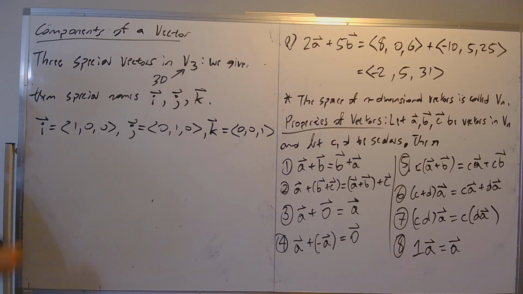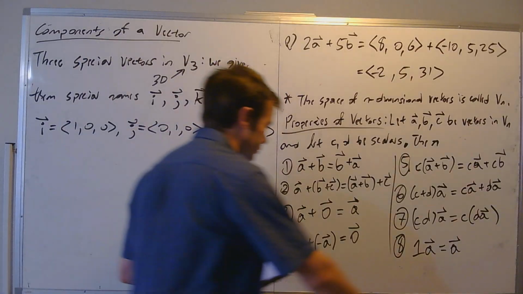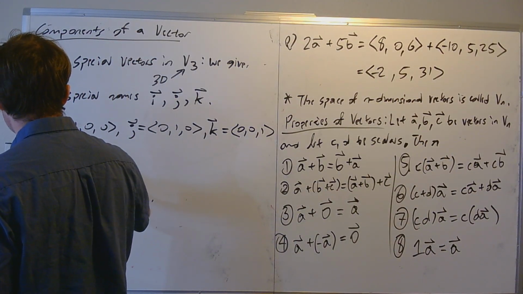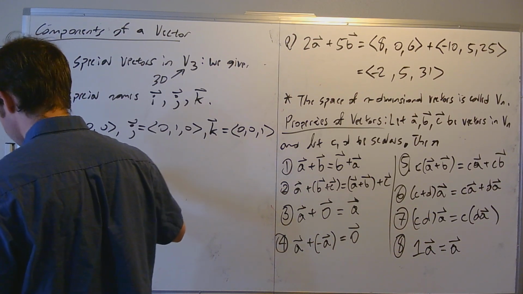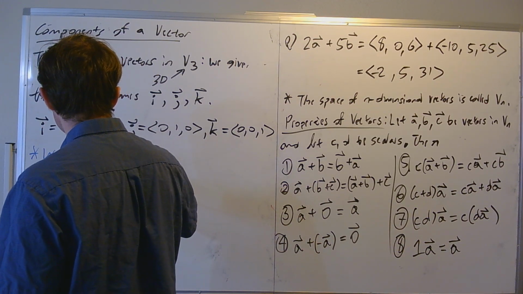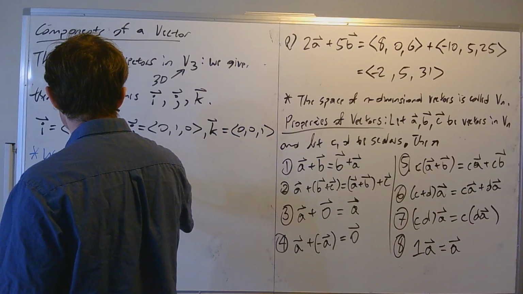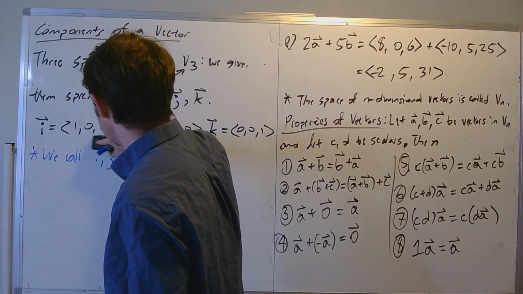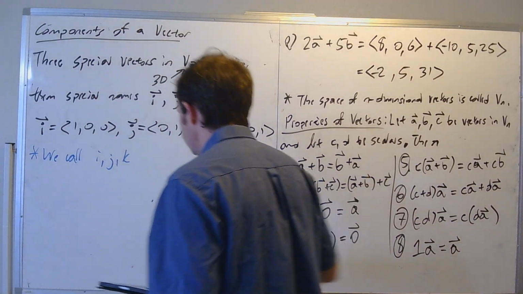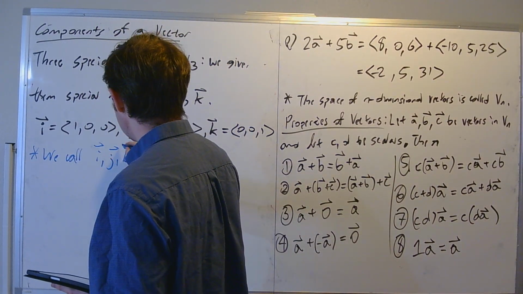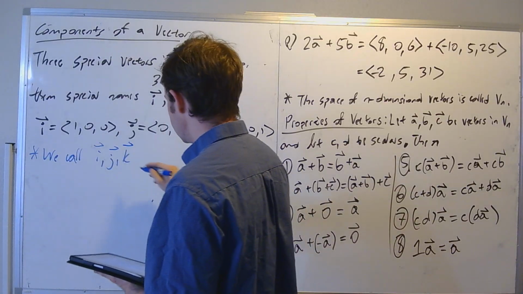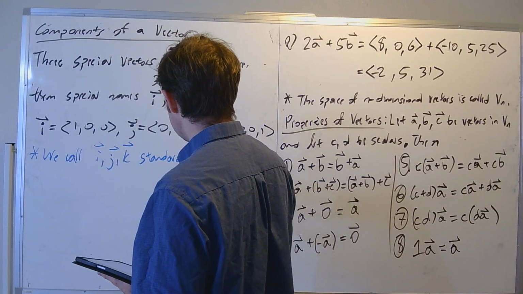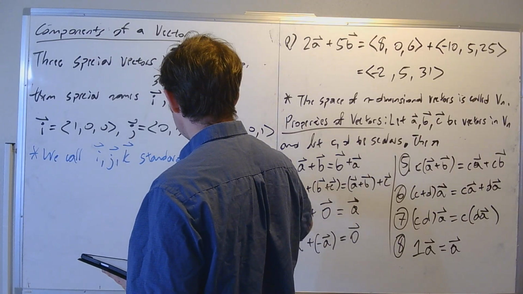So we call vector i, vector j, and vector k standard basis vectors.